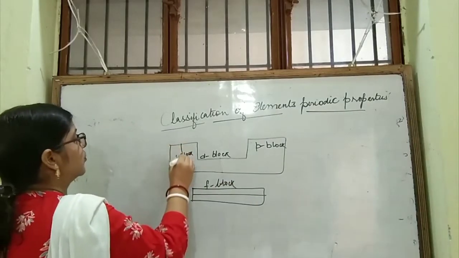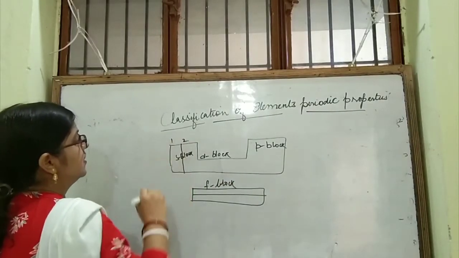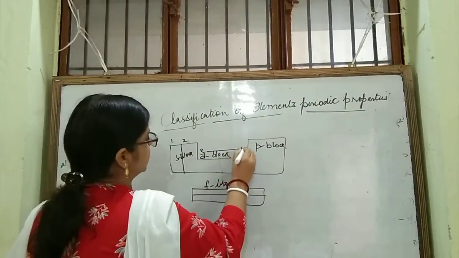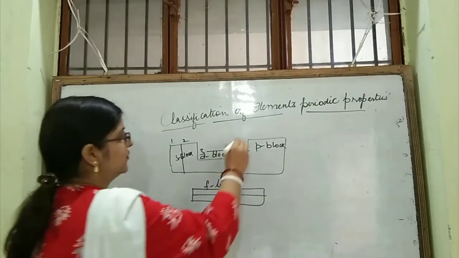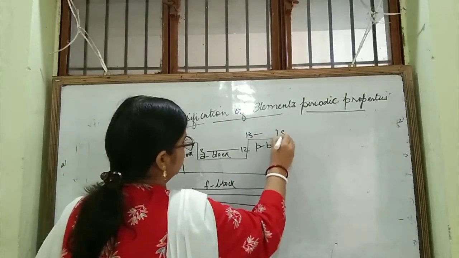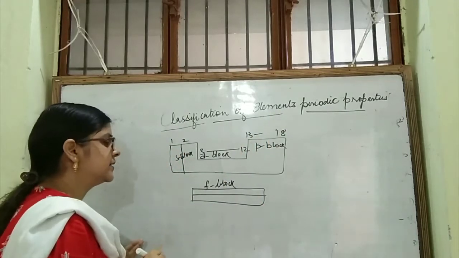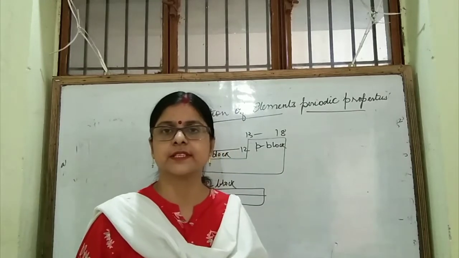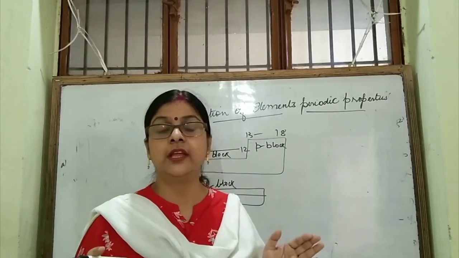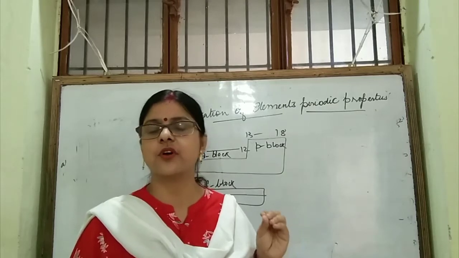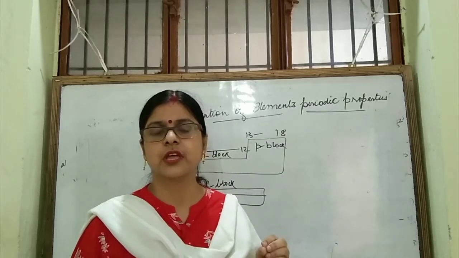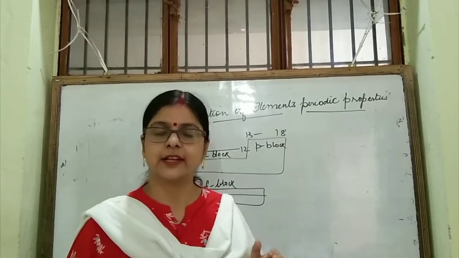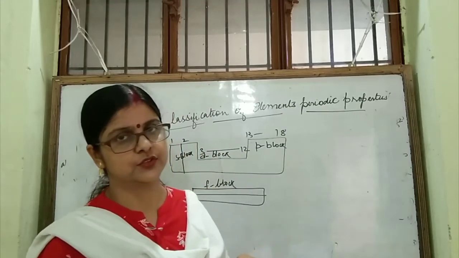Group 1 and group 2 are in S block, group 3 to group 12 are in D block, and group 13 to group 18 are in P block, and there are 2 series of 14 elements. They are the ones in which the last electron enters into the antepenultimate shell's f subshell, that is, F block elements.